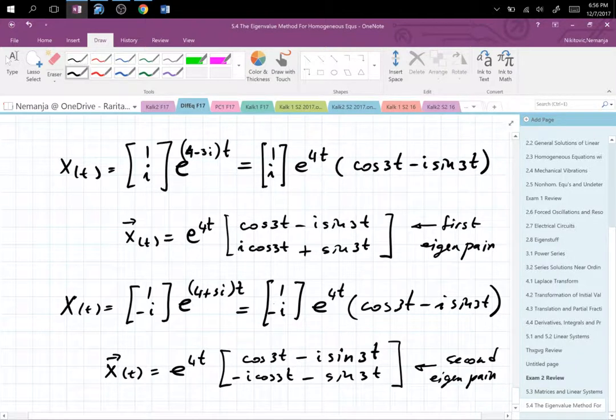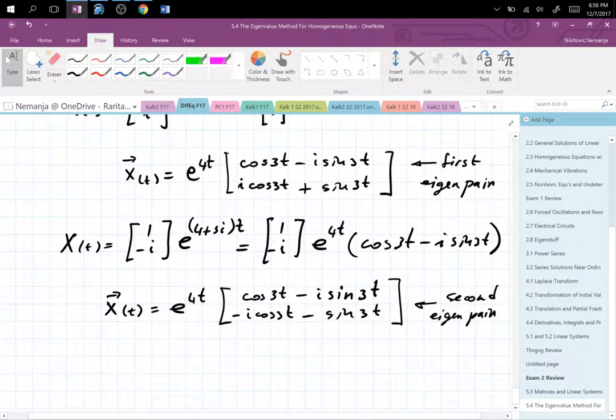So I get where you're getting that, distributing that negative i and that 1 over 2. But if you just look at the second one, where it says e to the 4t cosine 3t minus i sine 3t, where did you get that form? This is the form for the complex solutions.